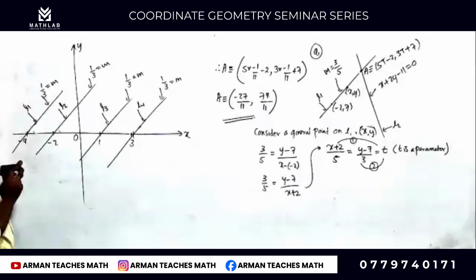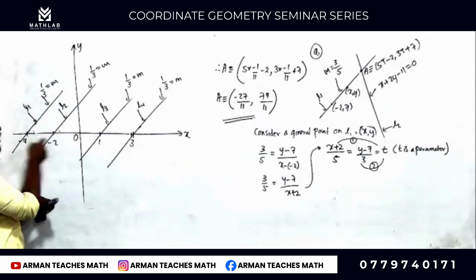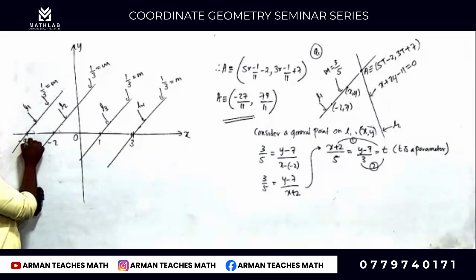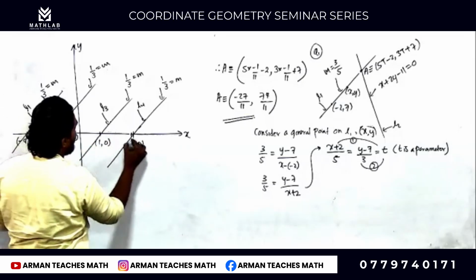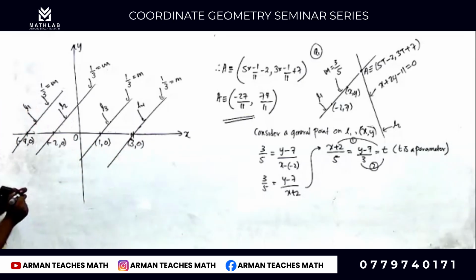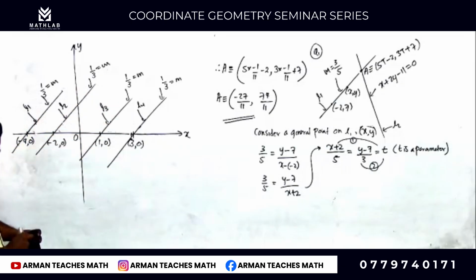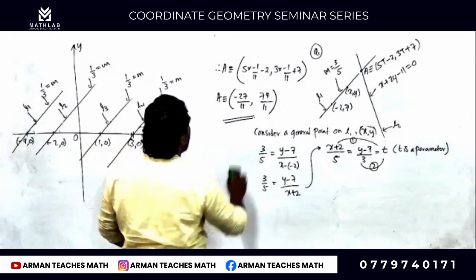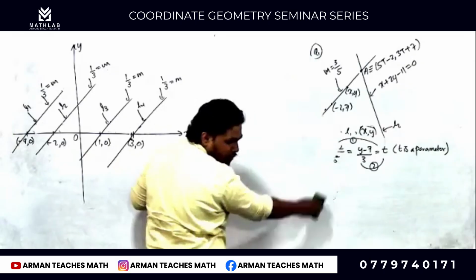These straight line segments are parallel to each other, crossing through -4, -2, 1, 3, which means we have coordinates (-4, 0), (-2, 0), (1, 0), (3, 0). Find the equations of L1, L2, L3 and L4. Quickly find them. Do it with me.